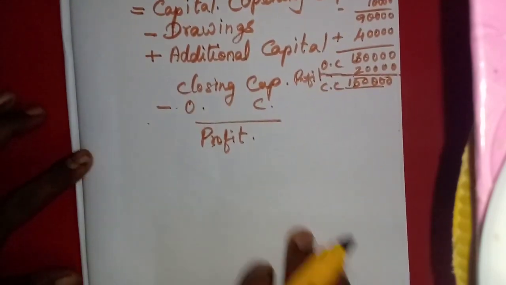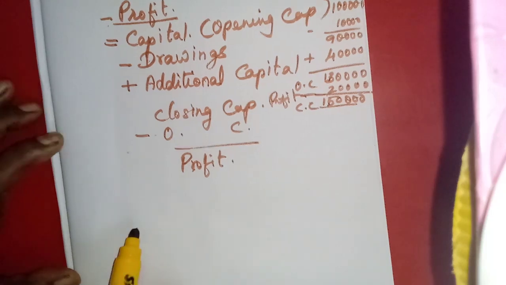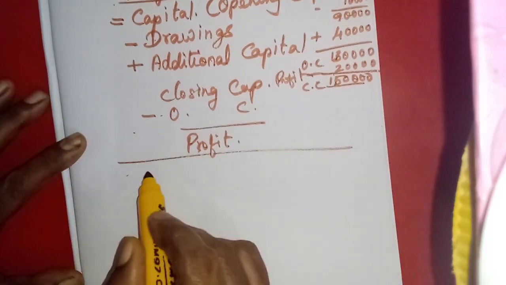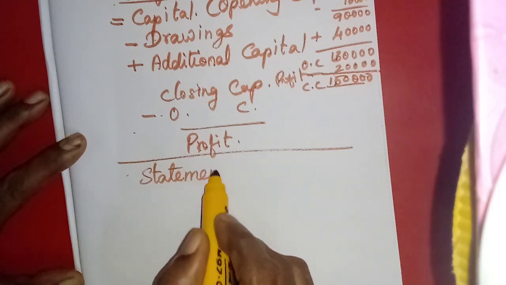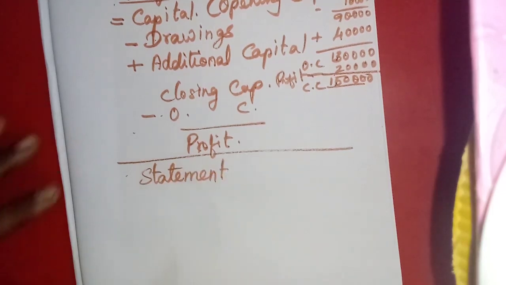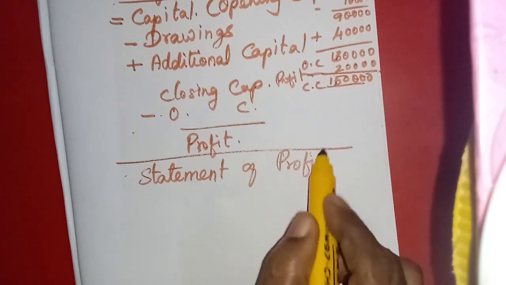Okay. The same thing we can do. You see, first that equation, statement of profit. Here also we can calculate the profit, not with the help of a trading and profit and loss account, but simply by preparing a statement of profit, we can calculate the amount of profit.